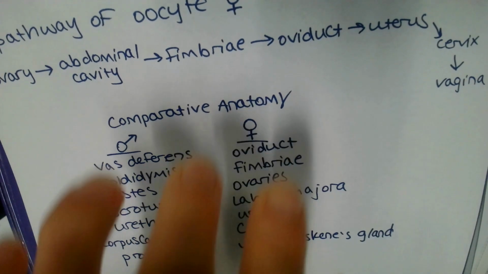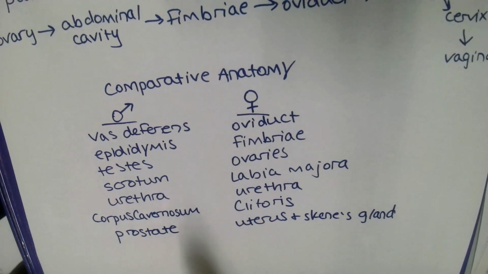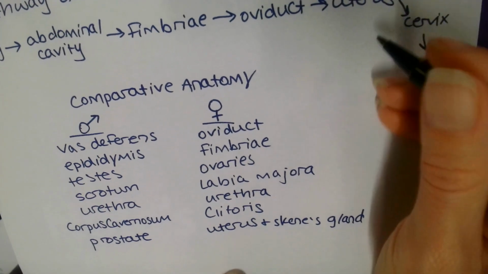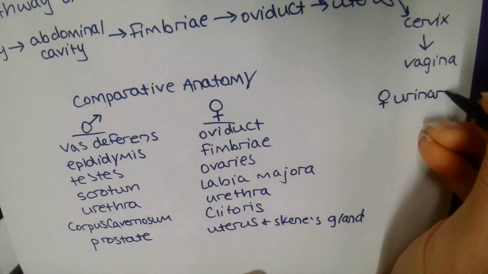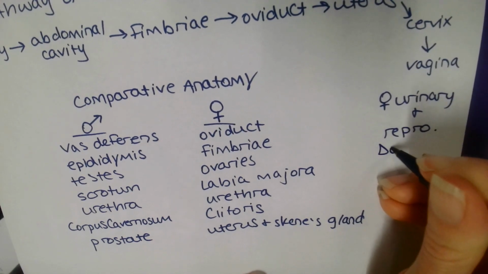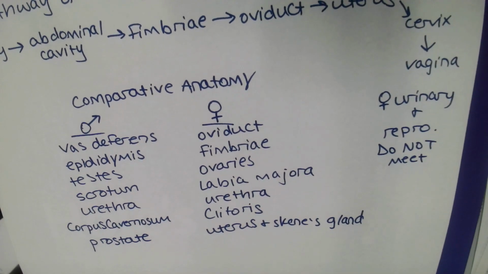And then it's not reproductive, but what about the bladder? Bladder was a bladder. Good. And the important thing to know in general about the female reproductive is that the female urinary and reproductive systems do not meet. They stay separate. All right. Any questions about that?